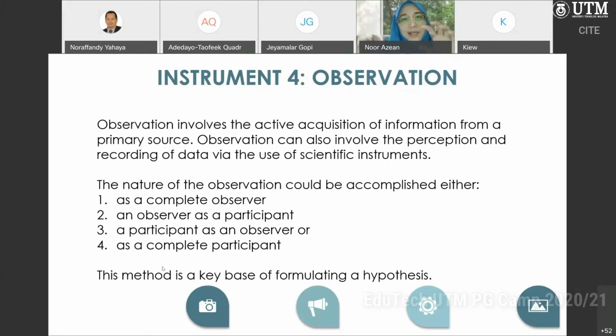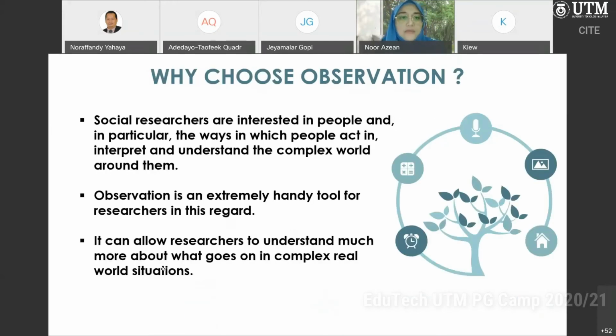Okay, so these are different angles that you can use when you develop the instrument. And number four, as a complete participant. So how you as a participant ask other people to help you complete the observation form and or checklist. Okay.